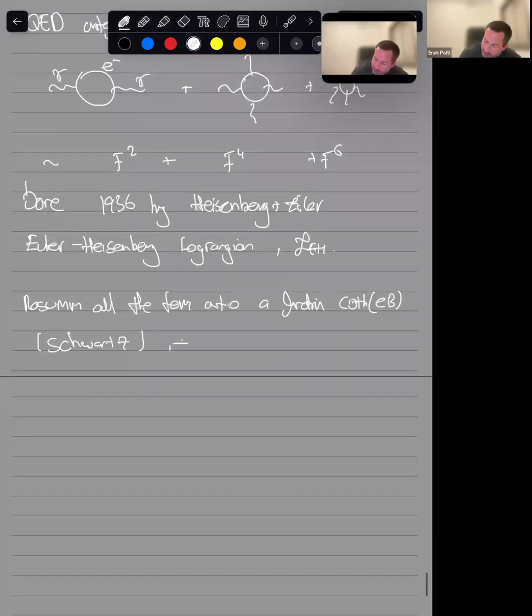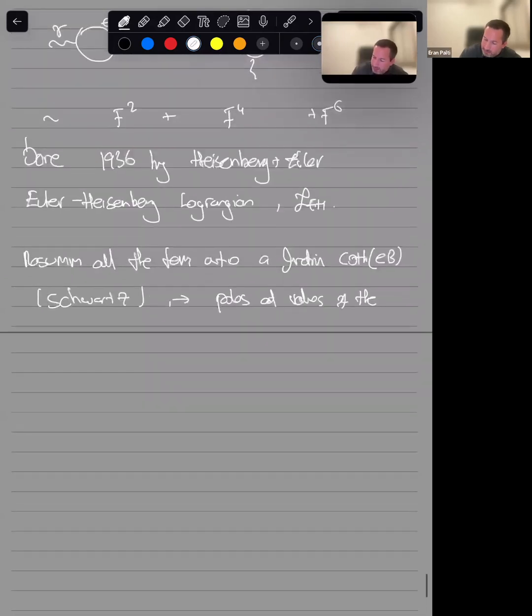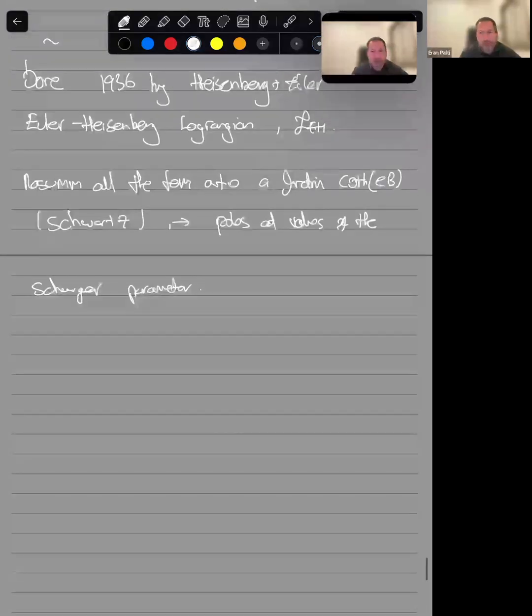And then you get a very similar thing. You get poles at certain values of the Schwinger parameter. And those poles you can do by contour integration, actually. It's known what they mean, those poles.